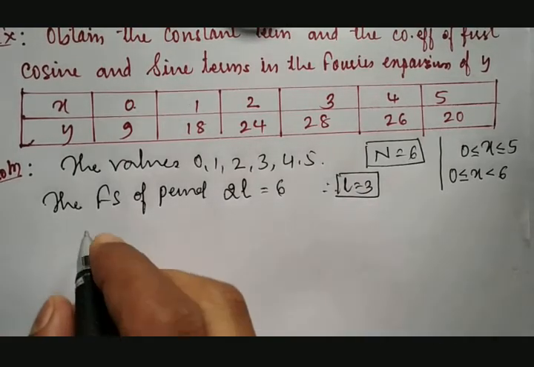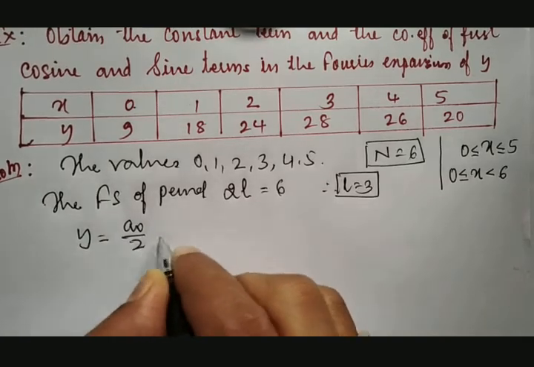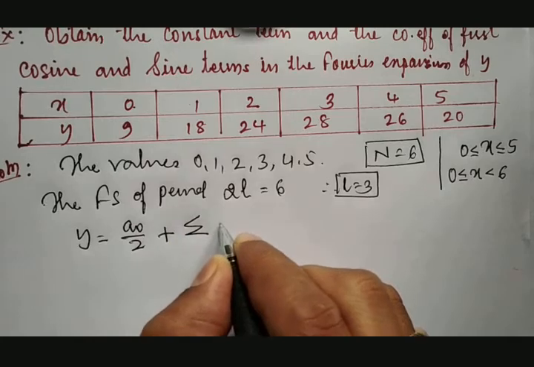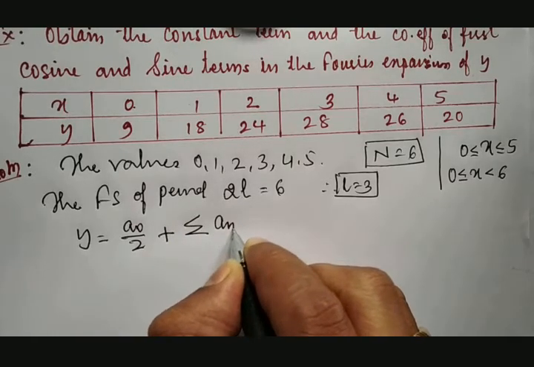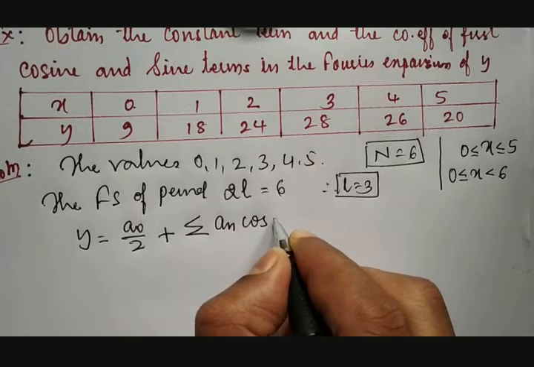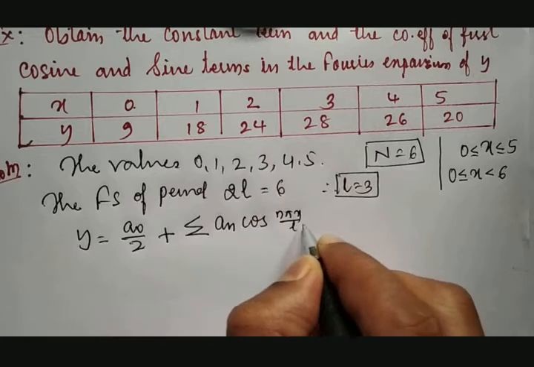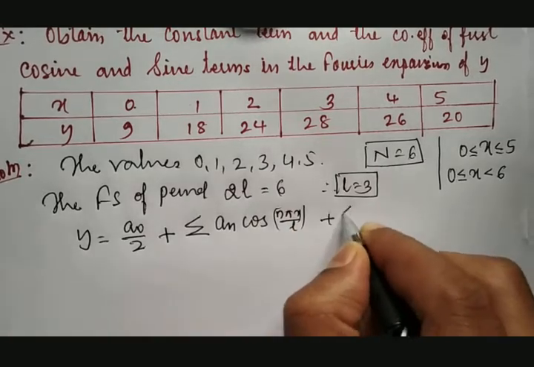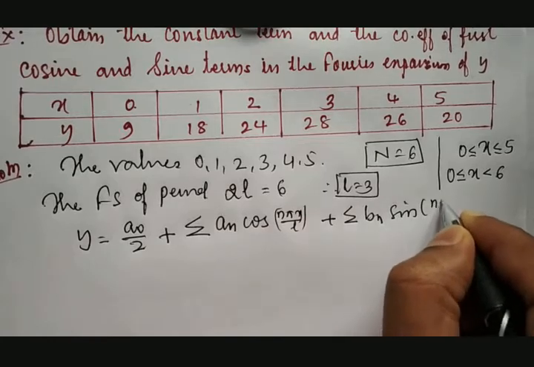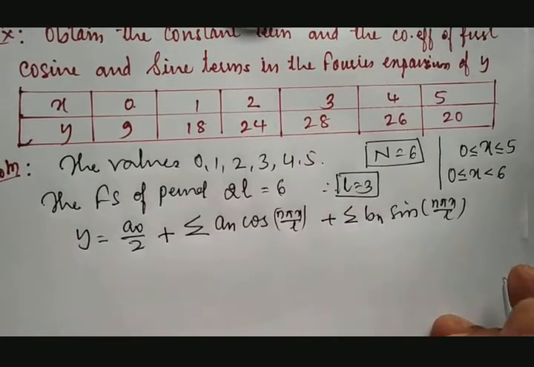Fine. Therefore, it becomes y is equal to a0 by 2 plus summation of an into cos n pi x by L plus summation of bn into sin n pi x by L. But L is equal to 3.